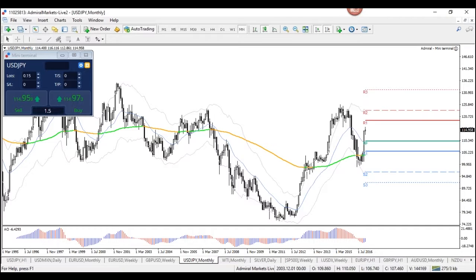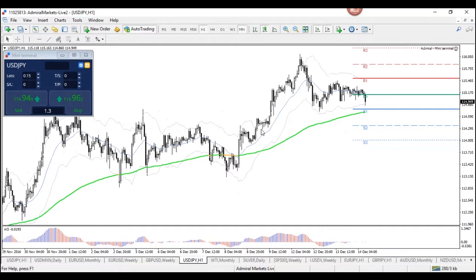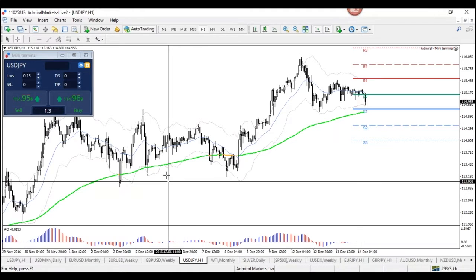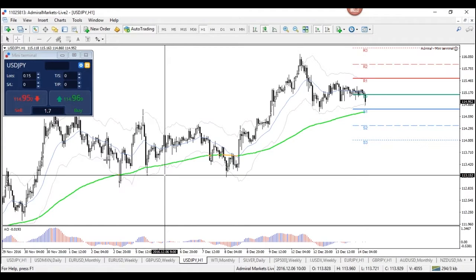The lower the time frames, the more important I think it is to add confluence to decisions besides candlesticks. So on an hourly chart, for instance, using only candlesticks without any other additional tools, I think is difficult. I think it's better to use candlesticks as a confirmation.